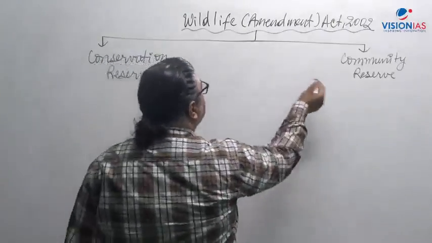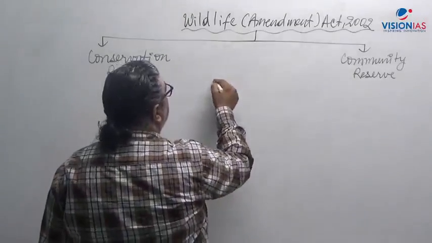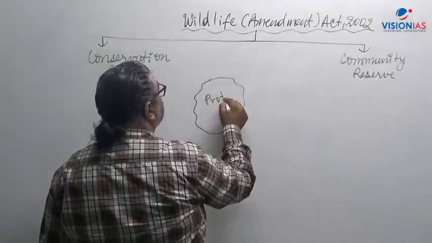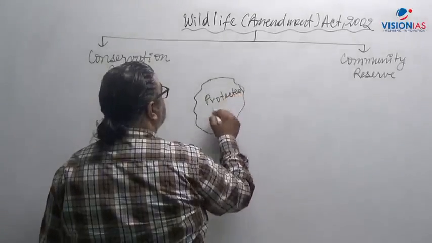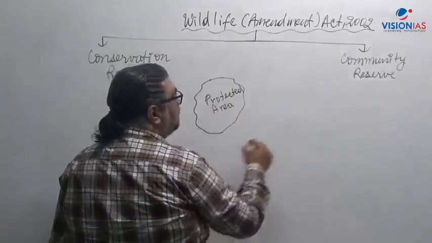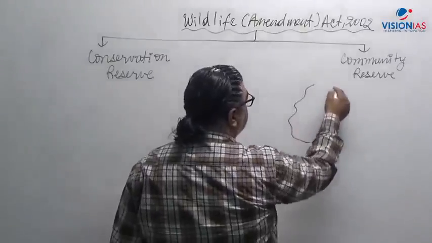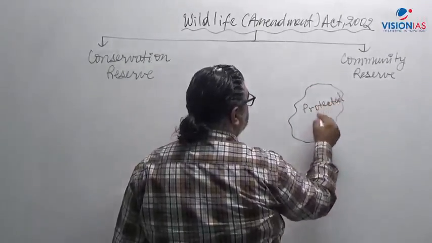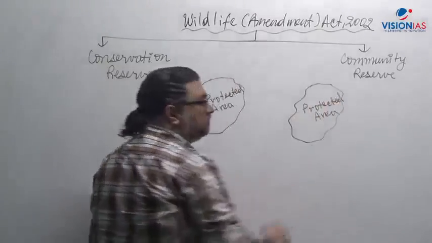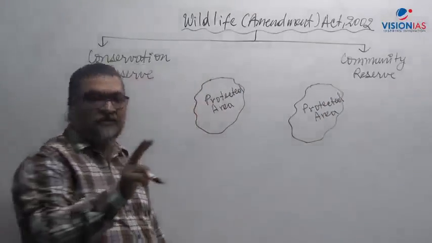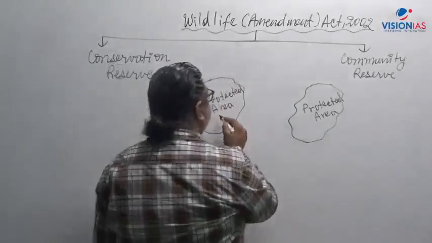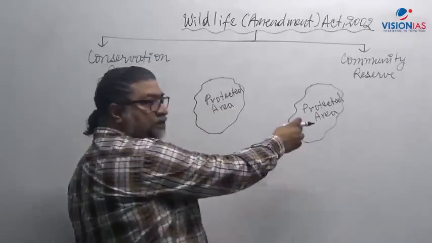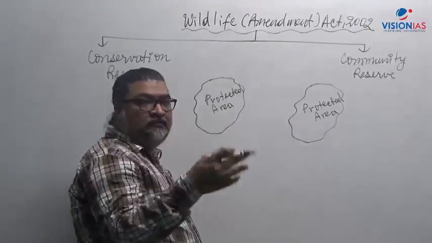See what this area is, you will understand here. Let's say you have a national park or sanctuary, a protected area here, and you have another protected area. It can be a national park, sanctuary, tiger reserve, or any reserve forest, protected forest.